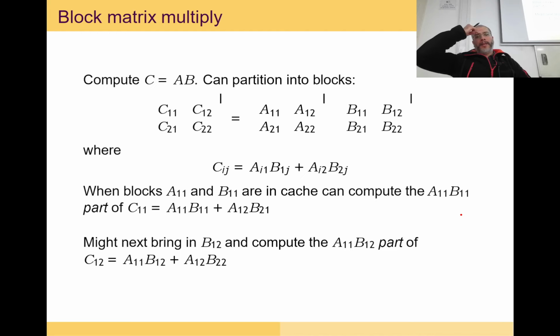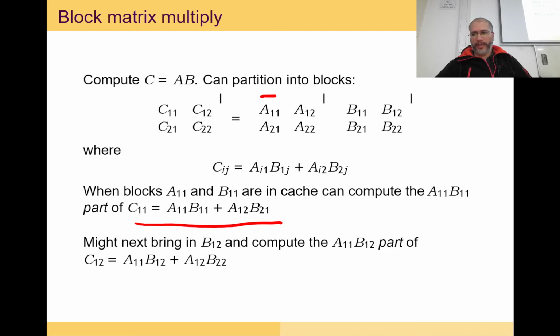But how will that idea help if things can fit into the cache? The way it works is that let's say you are calculating a general Cij, so let's say C11, which, as we discussed, is these two multiplied by these two.